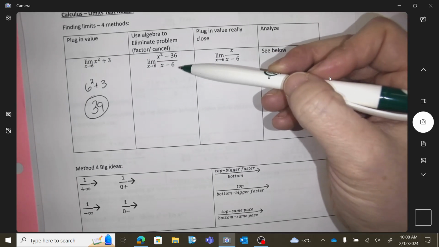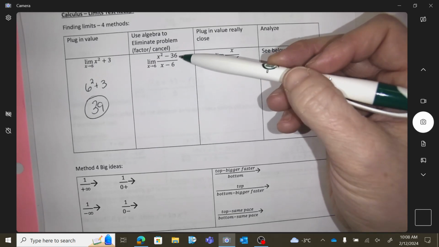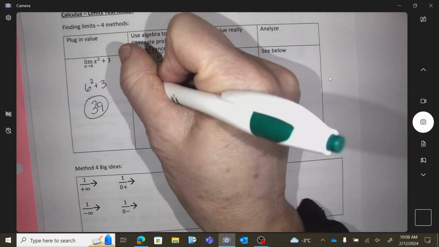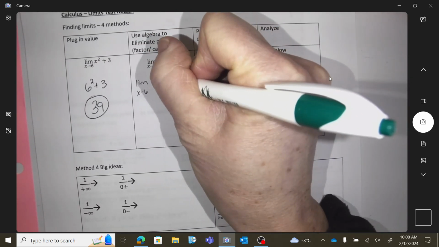Okay, this one I obviously can't plug in a 6 because it's creating a divide by 0, so I can use algebra. So I'm going to keep the limit there. I'm going to do some factoring.